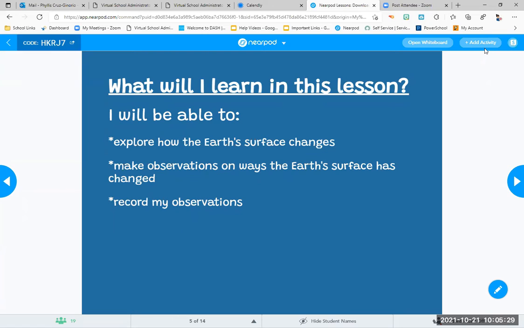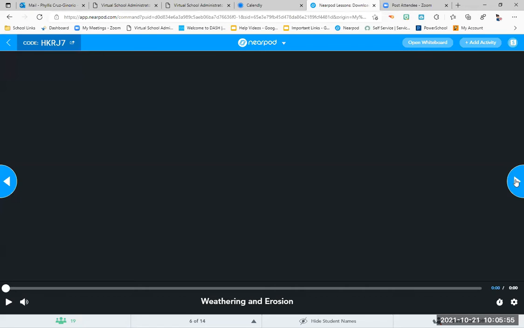You'll also be able to make observations, whether that is with one of your senses. You're going to be able to determine what's happening on Earth's surface by making your observations and see how they have changed. And then you're going to be able to record your observations, because all good scientists write down their findings. They write down everything. Okay, so here we go.